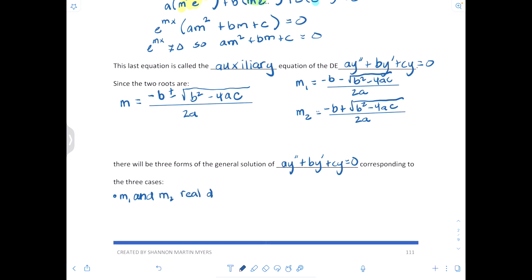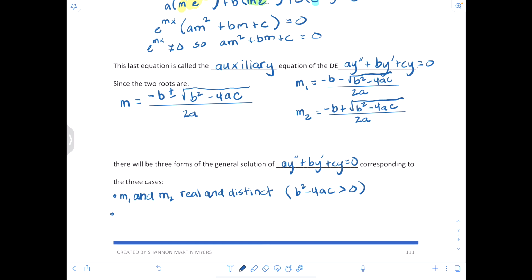So we'll say real and distinct. And what does that mean about the discriminant? Remember, the discriminant for the quadratic equation is what? Awesome. So that would mean that b squared minus 4 times a times c is greater than 0.